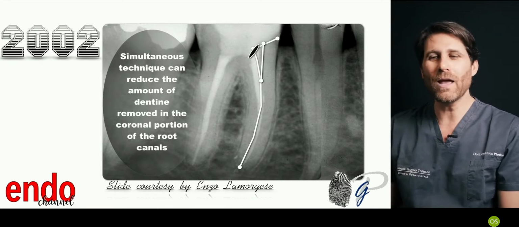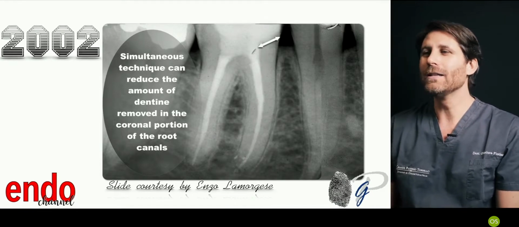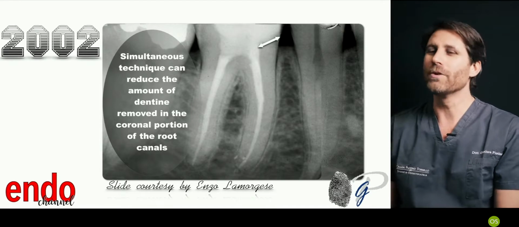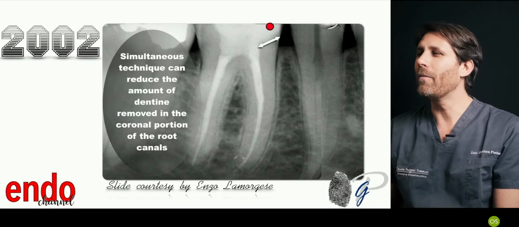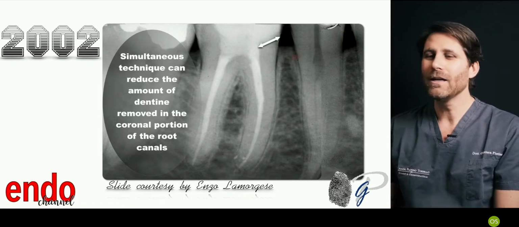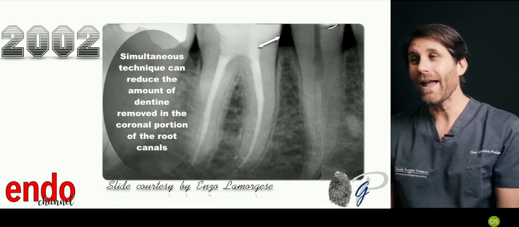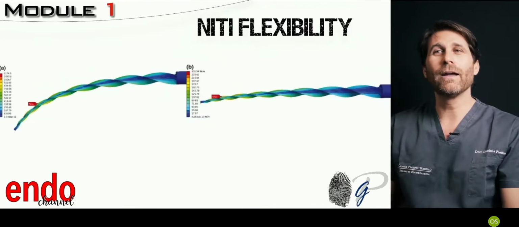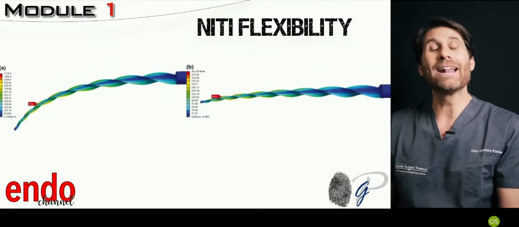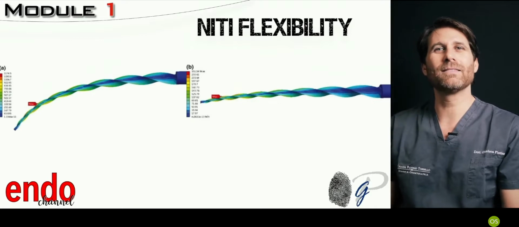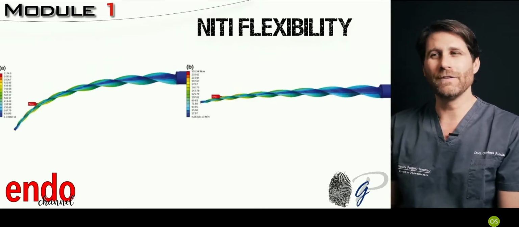It's something that we already started to do in the early 2000s to preserve such an amount of coronal dentin that is very important for the resistance of the tooth. And this is thanks to the nickel-titanium flexibility, to the introduction of instruments and techniques and specific instruments that may help us to have this approach.